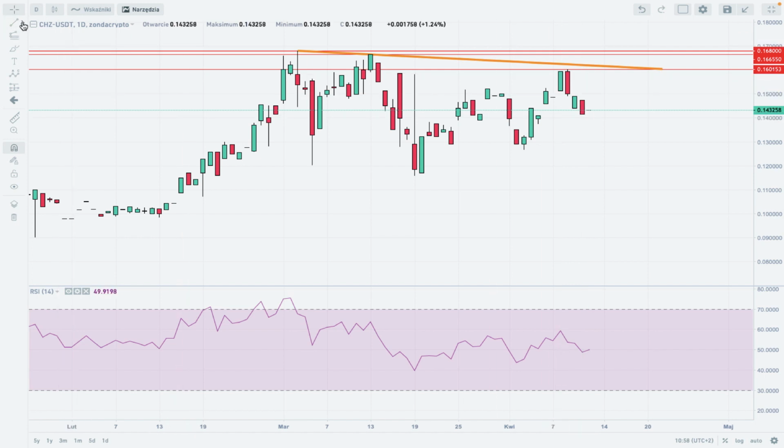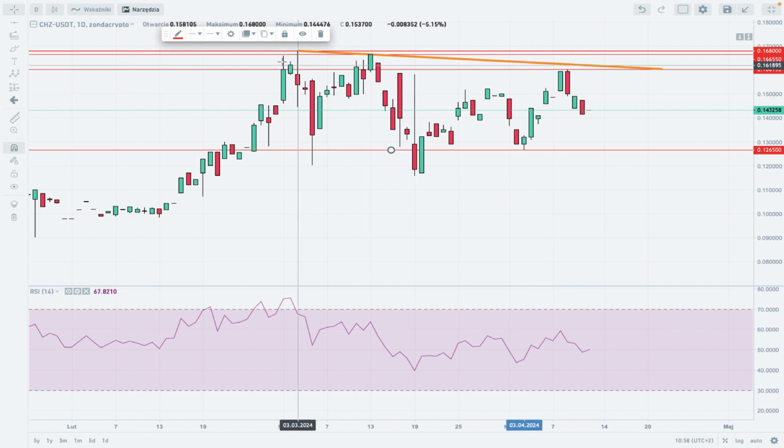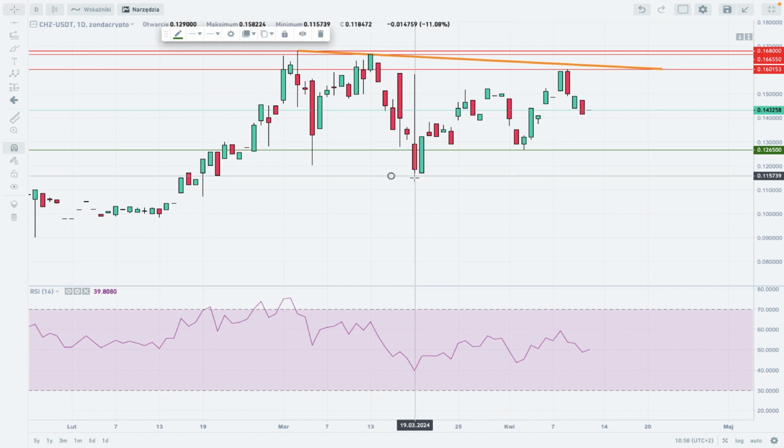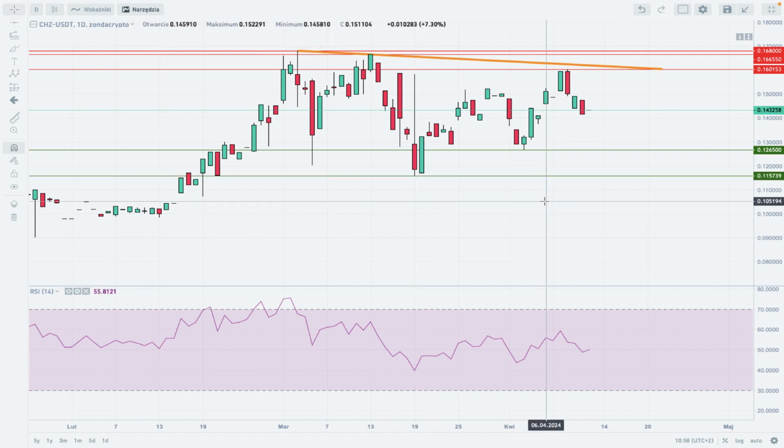Now, where are we heading? The first level we are heading towards is 0.1265. So this is the technical support, and the other level we are heading towards is 0.1157.